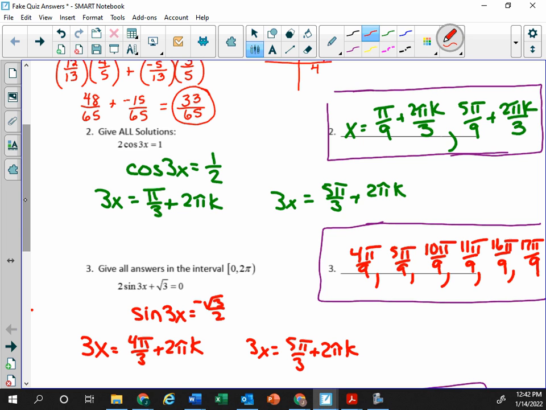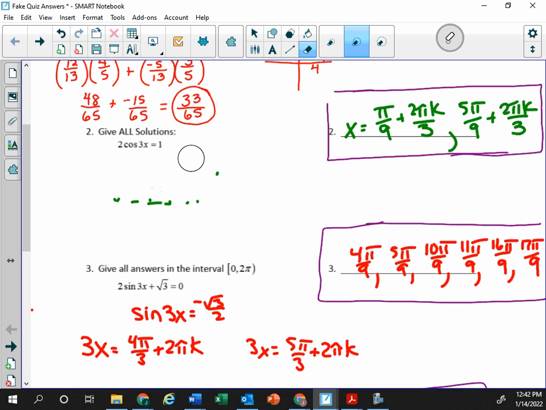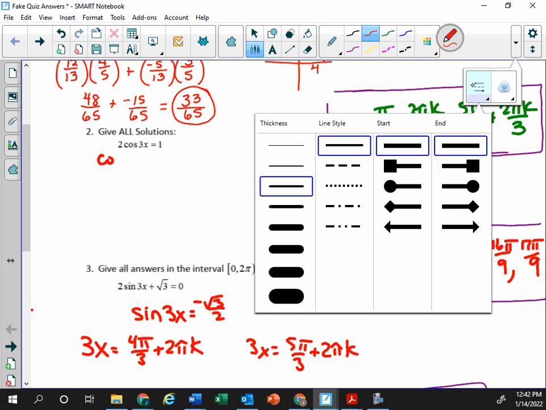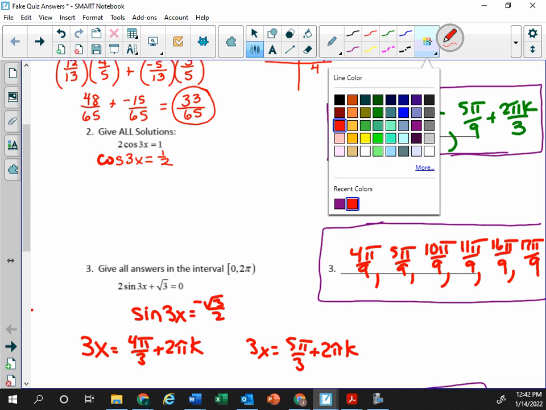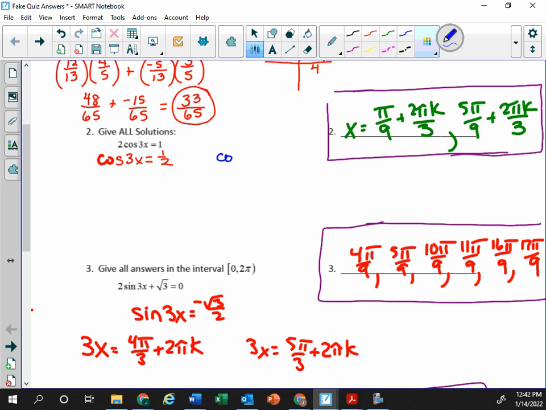Go through 2. Okay, so I divide by 2 first. And then off to the side here, I just kind of think about, okay, what I'm really evaluating is just when does cosine equal 1/2?